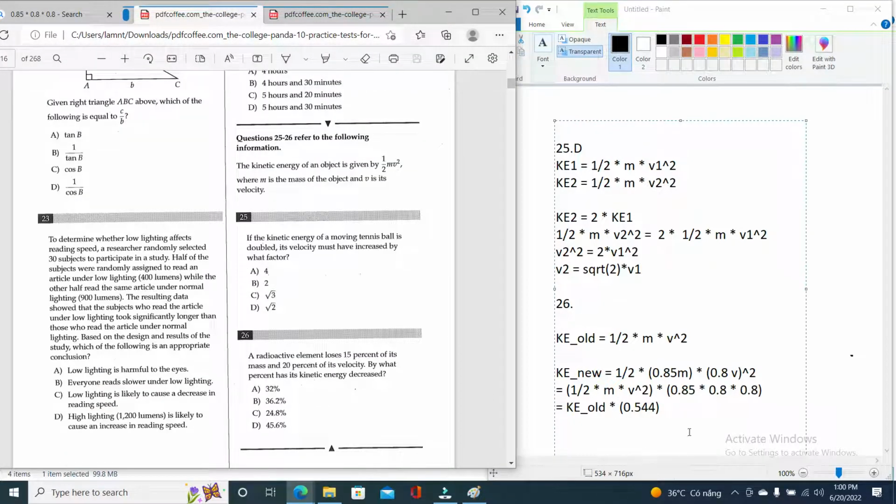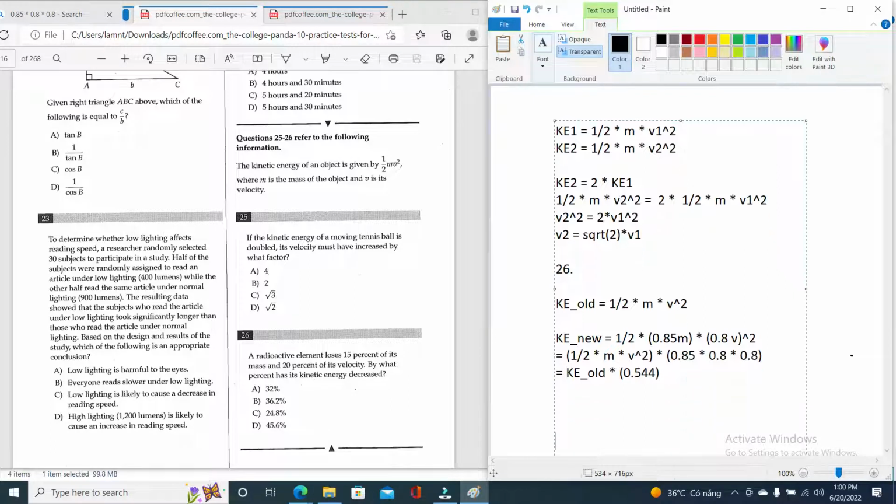So the loss percent is equal to 1 minus 0.544, which is 0.456. So that's equal to 45.6%. So the answer should be D.